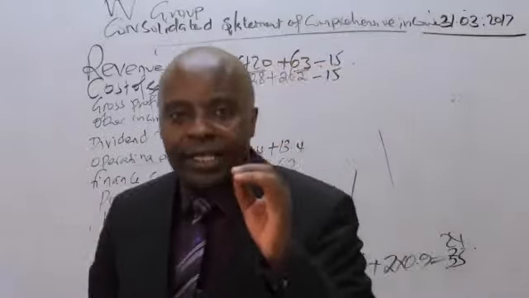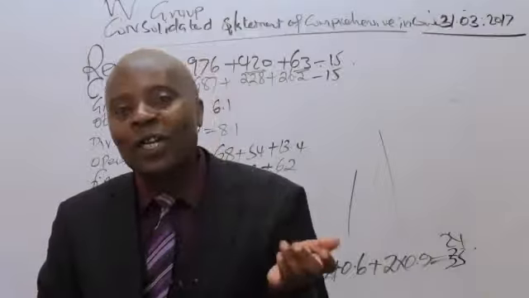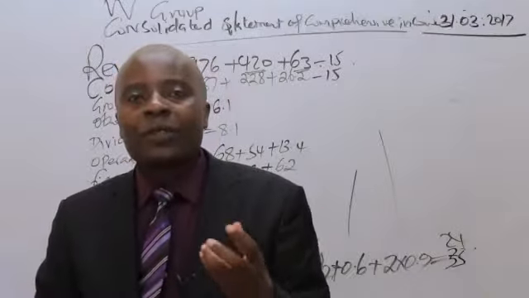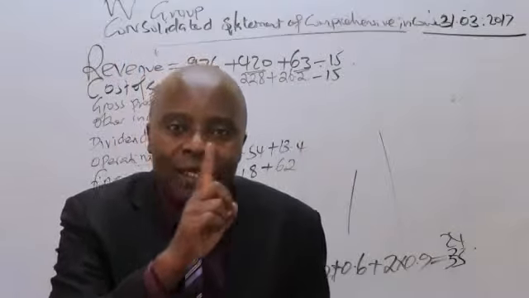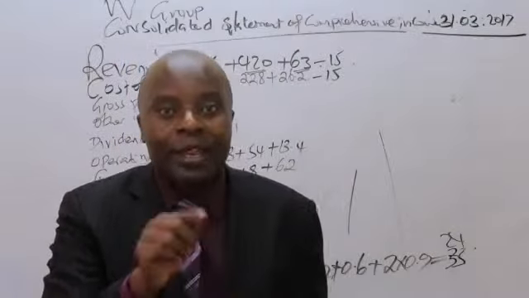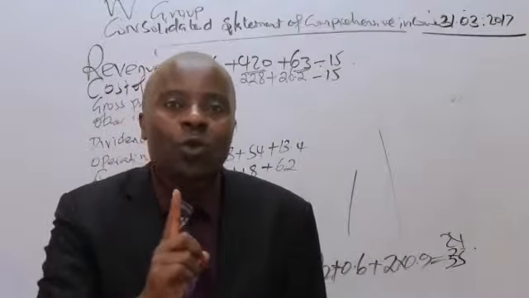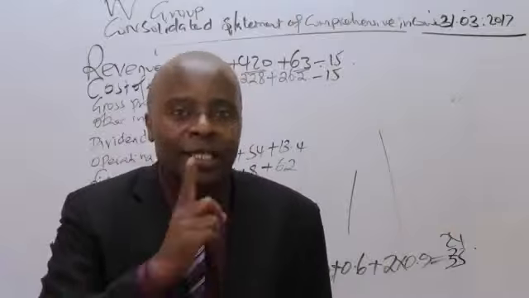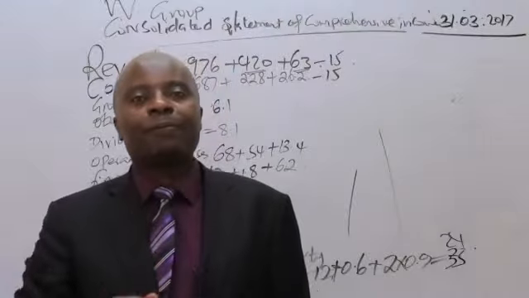The very first thing that you should always look for when looking at the group income statement is this: if there is any intra-sales, intra meaning internal, what should you do? Always go to the group cost of sales and subtract, and to the group sales and subtract.